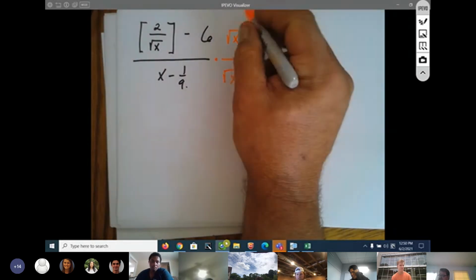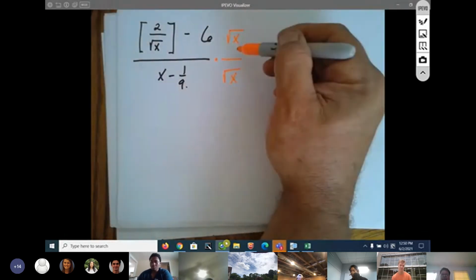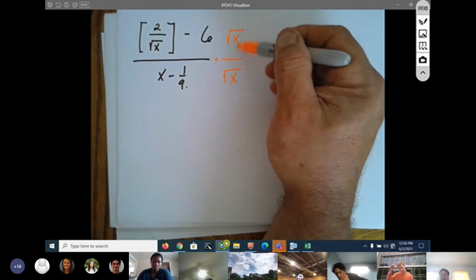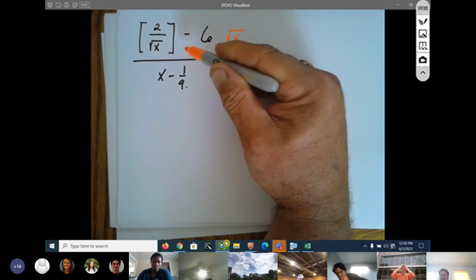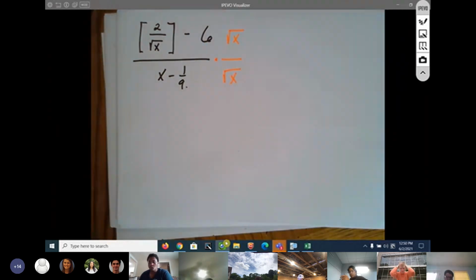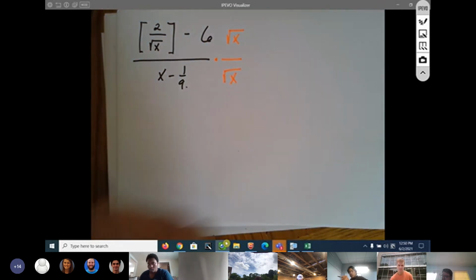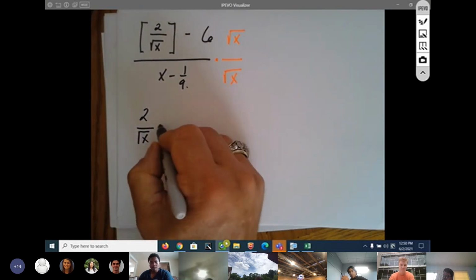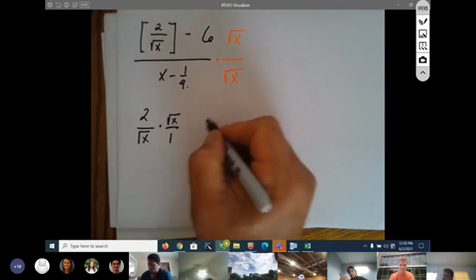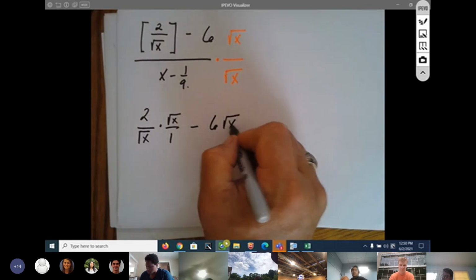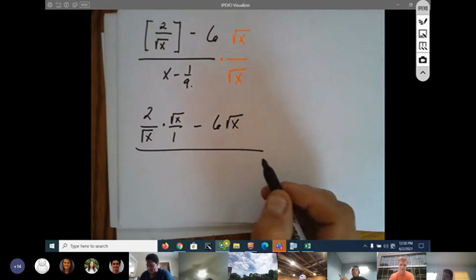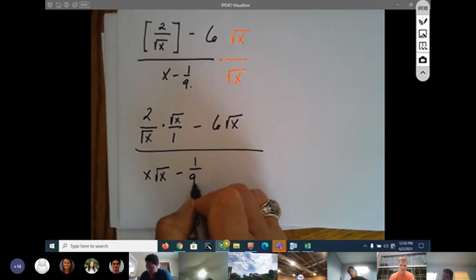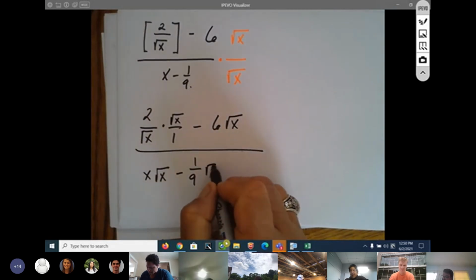All right, so they're multiplying through by the square root of x. I rationalized the denominator, but they're multiplying through, and that's going to give you 2 square root of x times the square root of x over 1 minus 6 times the square root of x over x times the square root of x minus 1 over 9 square root of x.